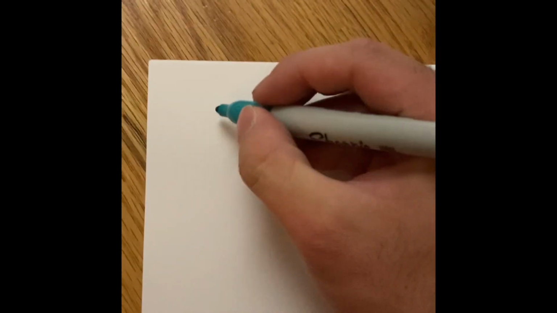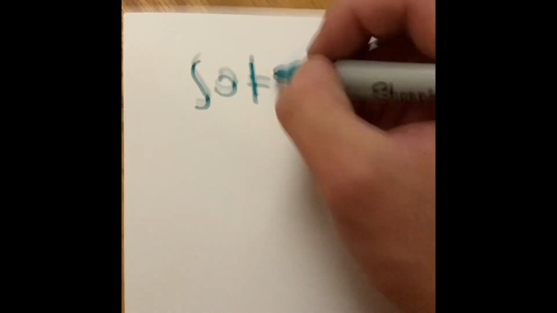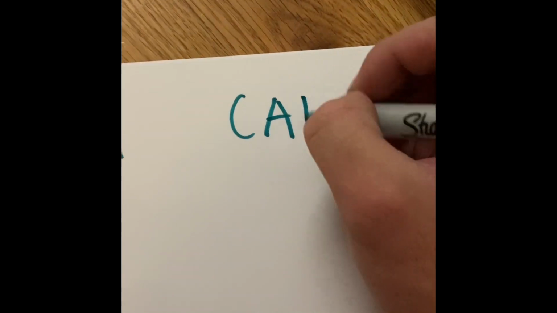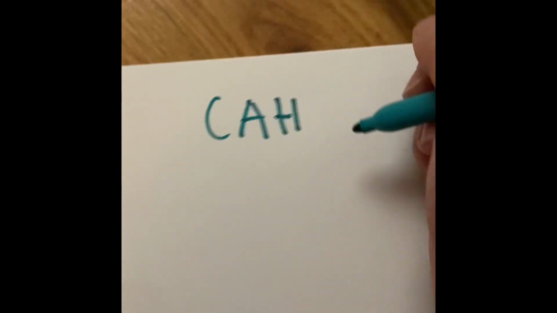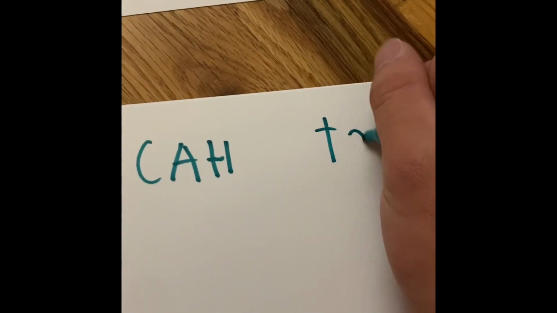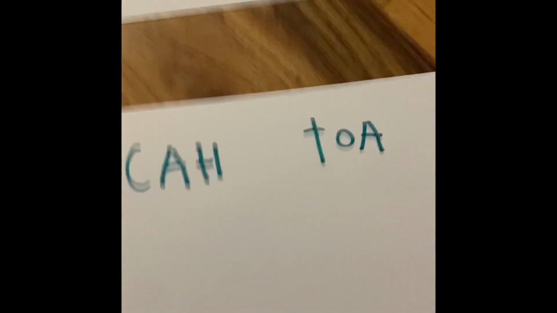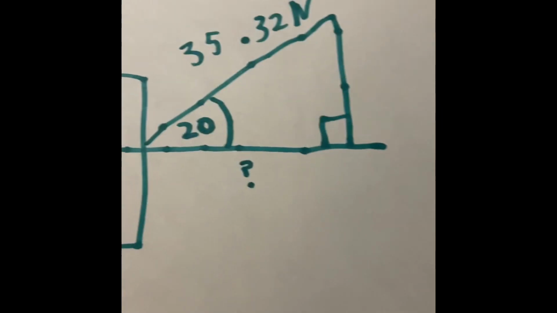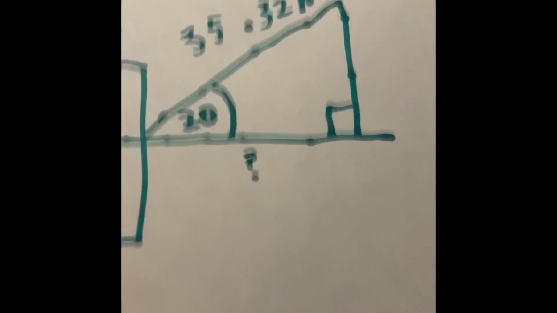Remember, from trigonometry, we like to use the sine, which is opposite divided by hypotenuse, the cosine, adjacent divided by hypotenuse, and the tangent, the opposite divided by the adjacent. According to the triangle over here, we have a hypotenuse.